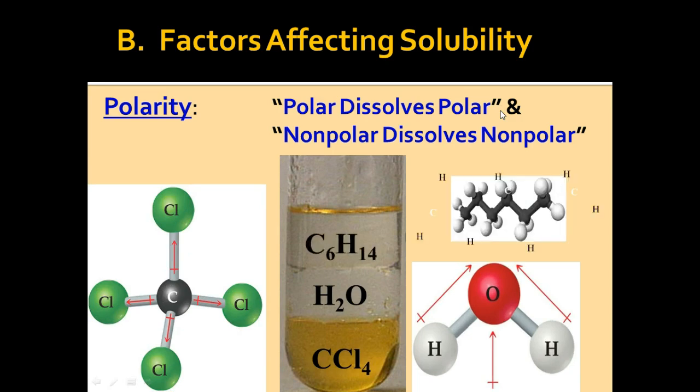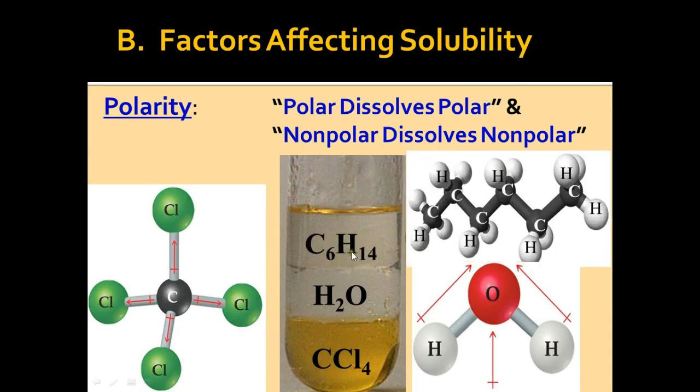And so this is an example of things that don't dissolve because they have different charges. So this one's nonpolar, this one's nonpolar, and water's polar, so it separates these two. So if we had just those C6H14 and carbon tetrachloride by themselves, they could dissolve, but water's separating them.